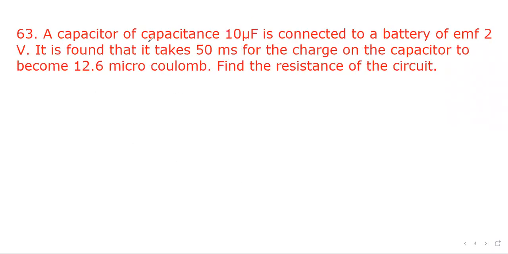Question number 63. A capacitor of capacitance, here C is given as 10 into 10 to the power minus 6 farad, is connected to a battery of EMF 2 volt. E is given 2 volt, and time is given 50 into 10 to the power minus 3 second. It is found that it takes 50 millisecond for the charge on the capacitor to become this much.